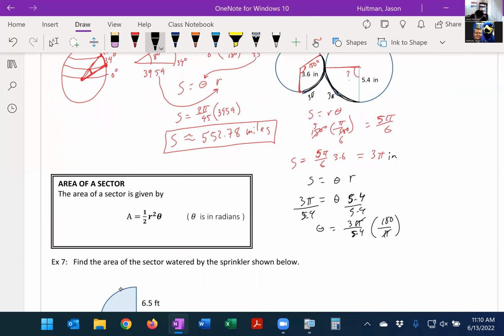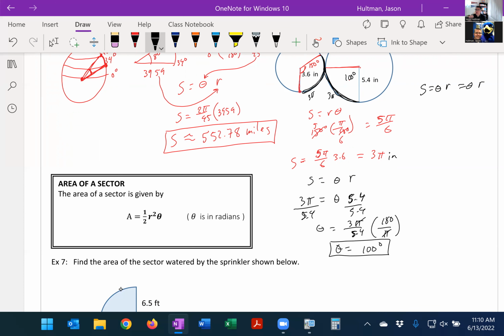Now this is the way they wanted us to do the problem and say, oh yeah, we found that this one was 100 degrees. Now the cheap and easy way to do this is to not convert to radians, to just keep it in degrees. Because again, if I know S is theta times R, I don't have to necessarily convert from degrees to radians and then go back to degrees.